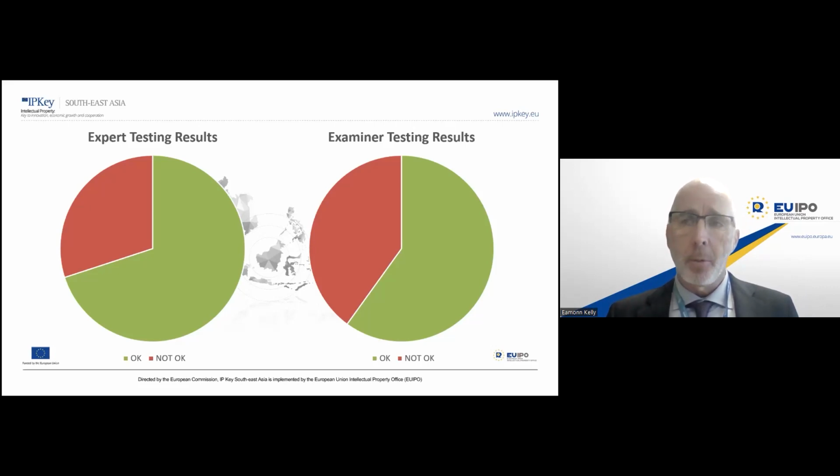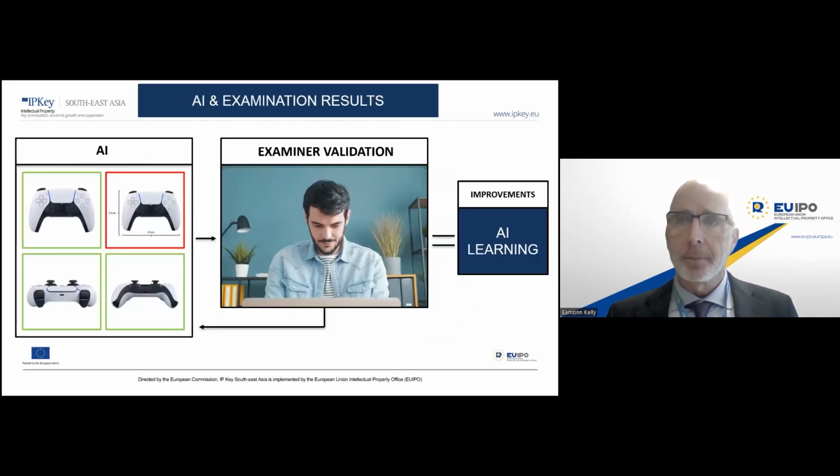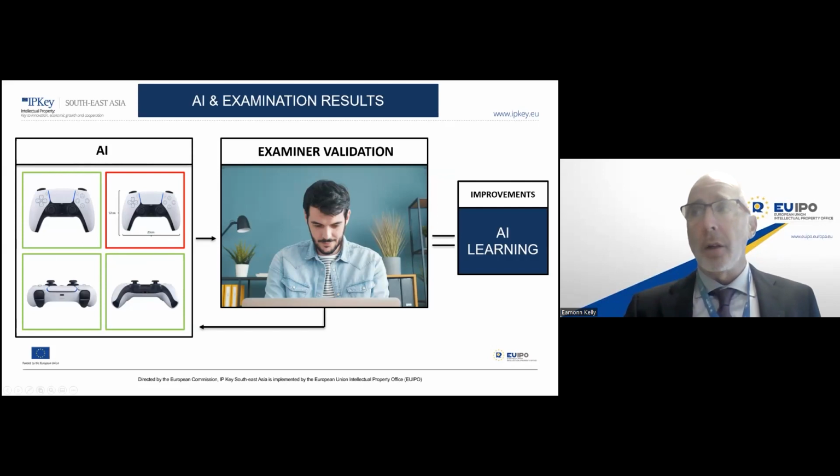Our next step, which we are currently doing, is that we present the examiner with the result of the AI. The examiner sees that and can validate whether the result of the AI was correct or not. And whether it is correct or not, all of the time the machine learning is picking up these different results.